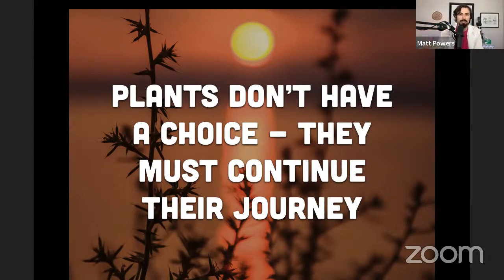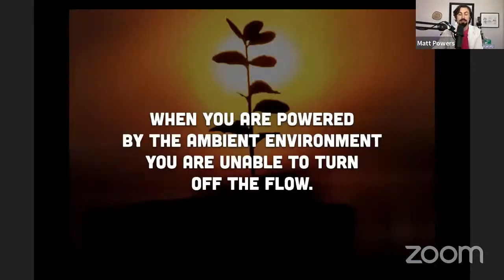We go to sleep, or sleep during the day, or rest. The plants are in the sun and they're just dealing with it, and then it gets backed up, and it's all these backed up simple sugars that they're exuding in large amounts and coming out of their pores, and then here come the sucking insects and the aphids. So when you're powered by the ambient environment, you are unable to turn off that flow.